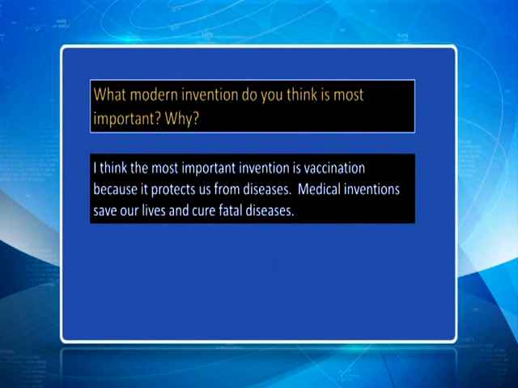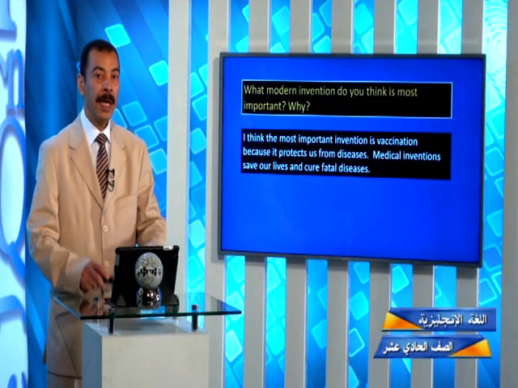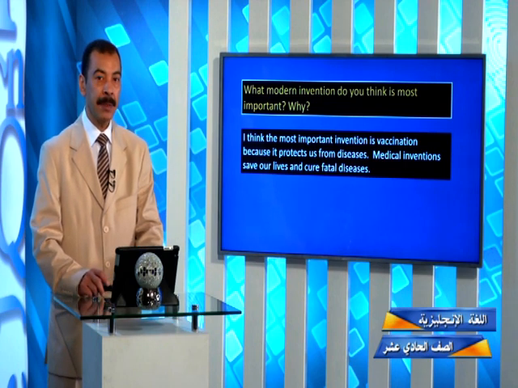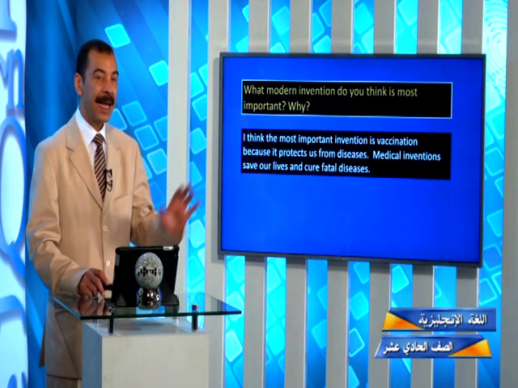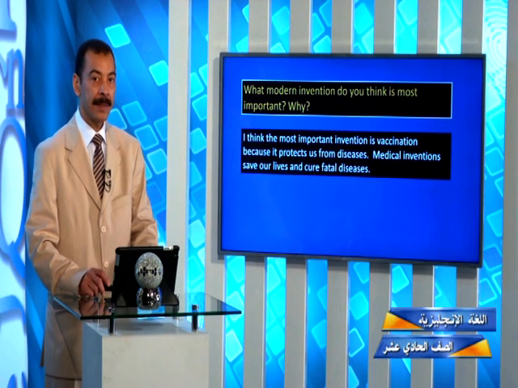Medical inventions in general save our lives and cure fatal diseases. Of course, you can talk about the inventions in safety car measures. You can talk about inventions in the field of telecommunication. Any answer is acceptable as far as it is answered in meaningful, comprehensive sentences.